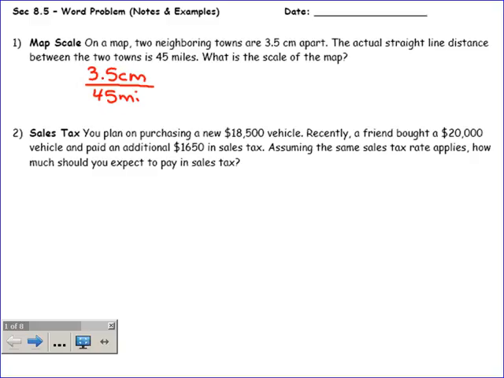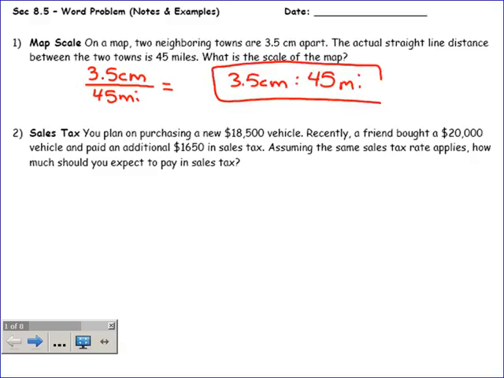Then you'll simplify the fraction. Simplify the fraction, what does that give you? 1 centimeter to what? Does it simplify that far? It won't. So we'll say 3.5 centimeters to 45 miles.